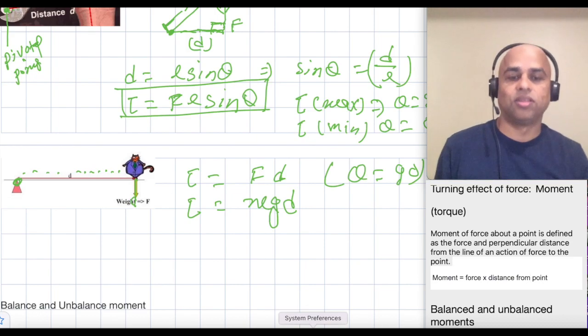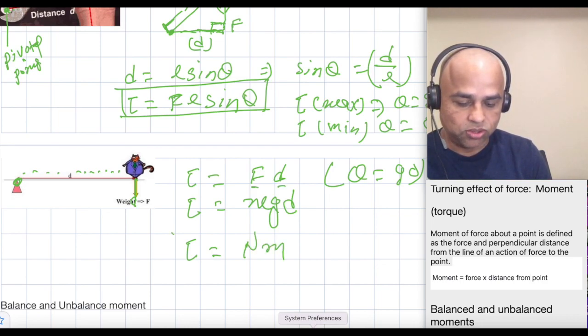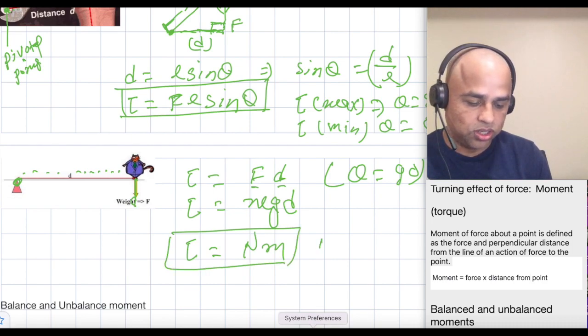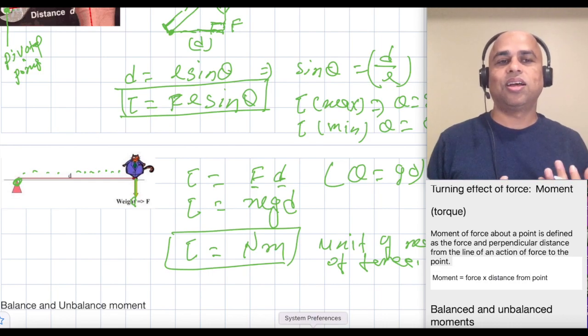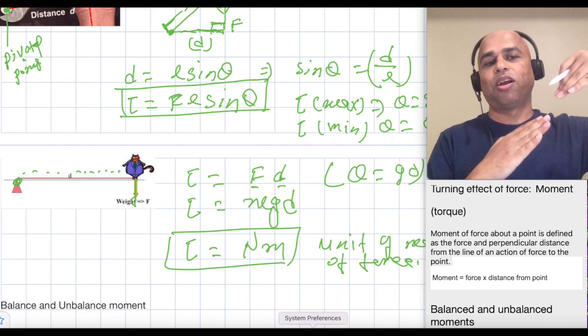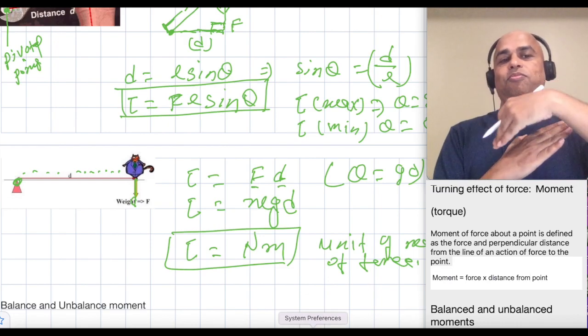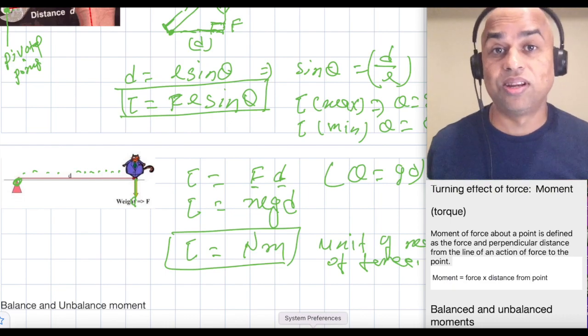And force is measured in Newtons, and this is a distance, so Newton meter is the unit of moment or torque, moment of force. Okay, it's simple. If you know theta, the direction of the force, and how far you are applying the force from the pivot point, you can calculate the torque.